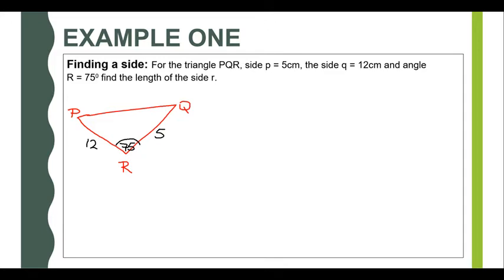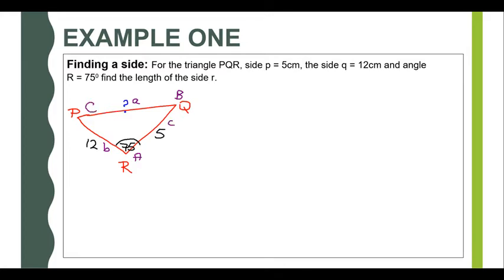And we're asked to find the length of side R, so opposite angle R. Again, if you prefer to label it with A, B and C, A is the length we're trying to find, opposite angle A, and B and C are just the other two sides and angles.